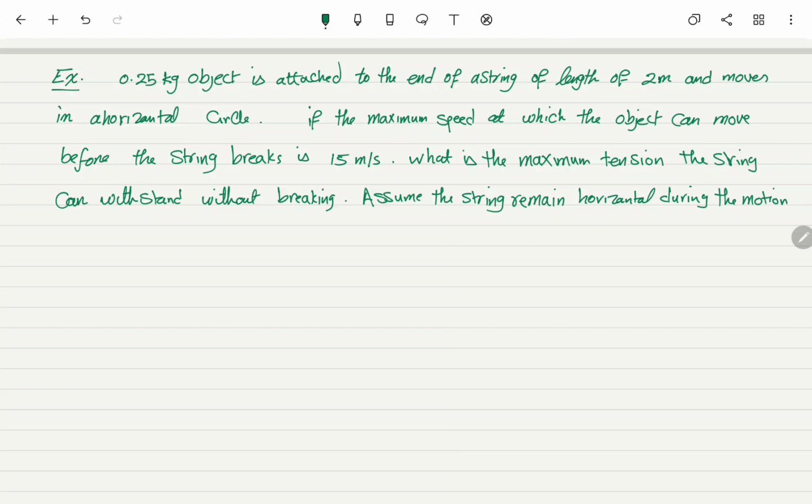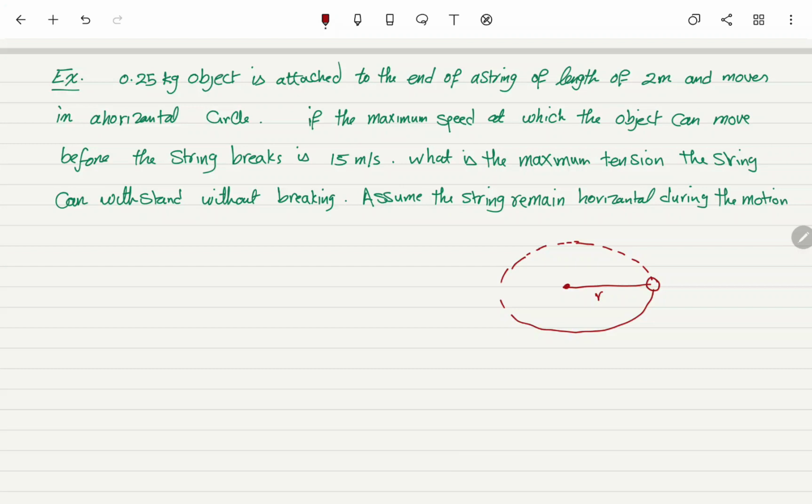Let's have a quick sketch for this example. So an object is moving in a circular path like this one. It's actually a horizontal circular path. The radius for this circular path equal to r.